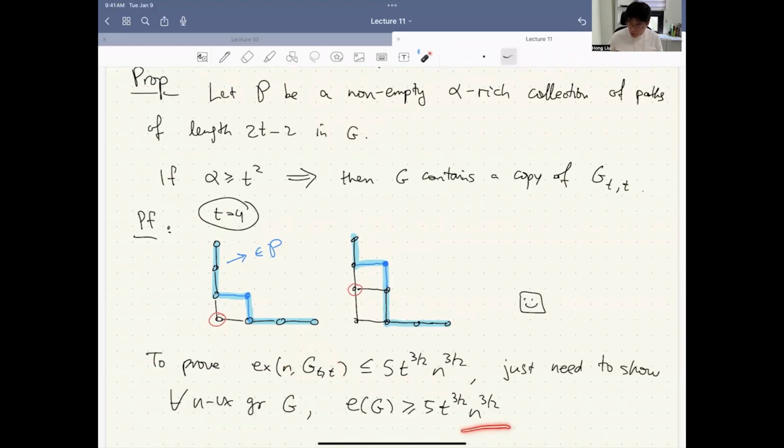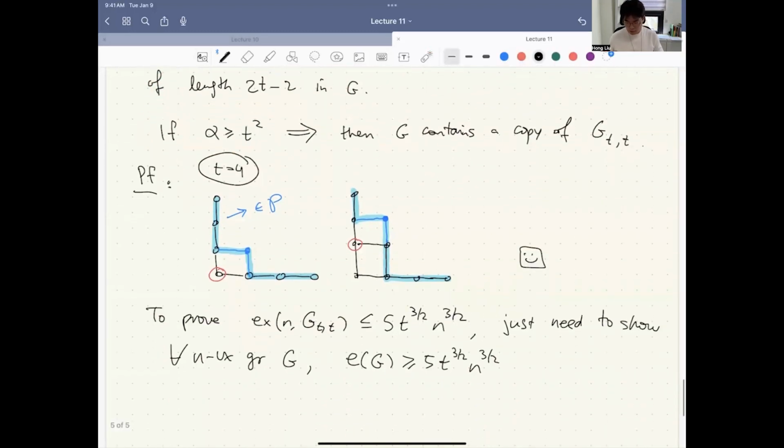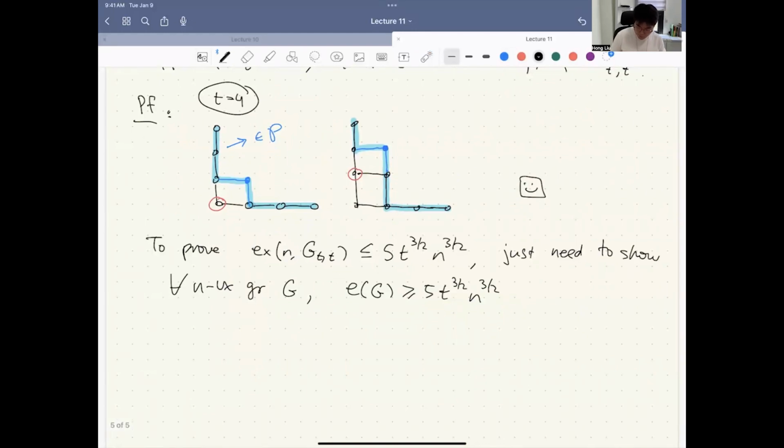We just need to show that in such a graph, we can find an alpha-rich collection of paths of length 2t minus 2, where alpha is t squared. Length 2t minus 2 means the order of the path is 2t minus 1.